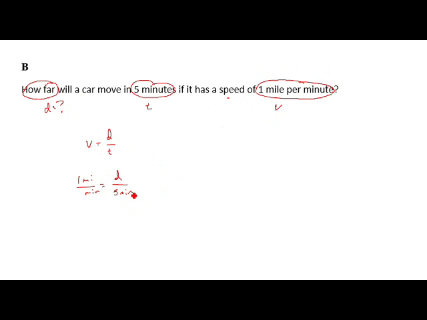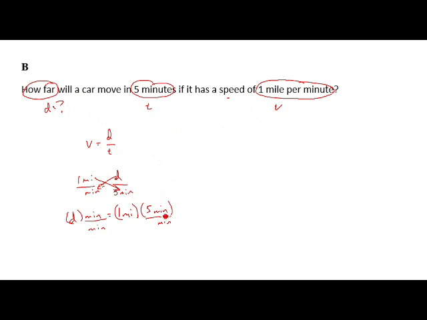minutes. So again, we can cross multiply: distance times minutes. The parentheses help separate things when they're all letters. Equals our cross multiply, 1 mile times 5 minutes. To get distance by itself, I'll divide by minutes on both sides.